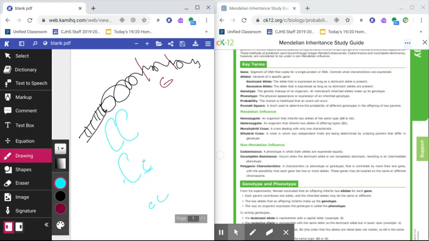If it's a lowercase one, this is recessive. A recessive allele is expressed in such a small amount that it cannot overtake the dominant allele. It's not going to show up when it's with the dominant because the dominant just takes over.